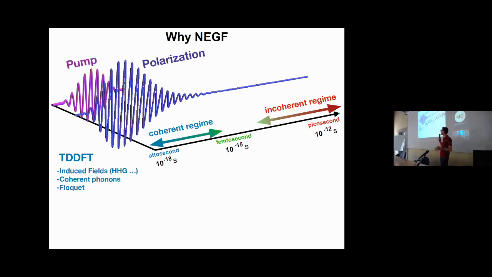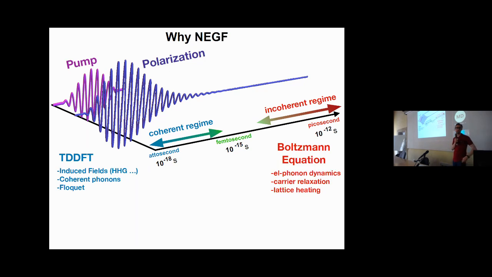You can describe the coherent motion of nuclei induced by the electron-nuclear coupling. You can also address Floquet physics, which nowadays is a very hot topic, and so on. But you cannot describe the decay of the polarization, essentially because TD-DFT is not capable of efficiently describing the energy transfer between the electrons and nuclei. So you cannot follow the evolution of the system from one regime to the other one.